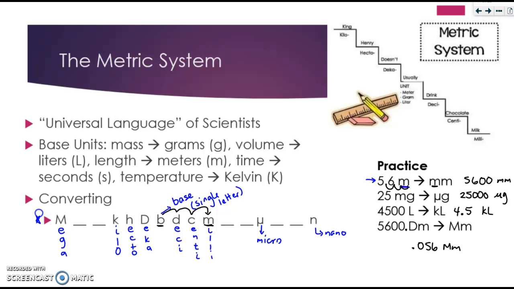So here we're going from this D to M. So you would count 1, 2, 3, 4, 5. Yes, those placeholders count. So you move your decimal 1, 2, 3, 4, 5, and you of course fill in with your 0. There's additional practice on many of these concepts available on the course website.